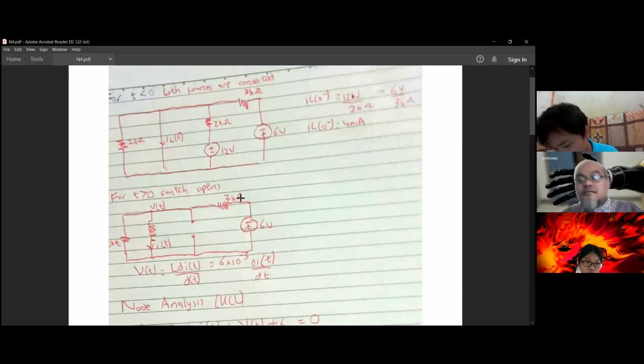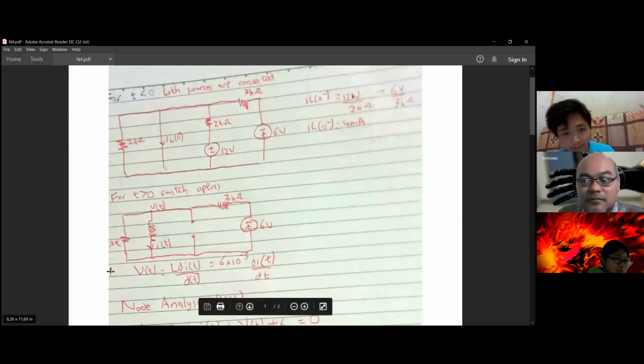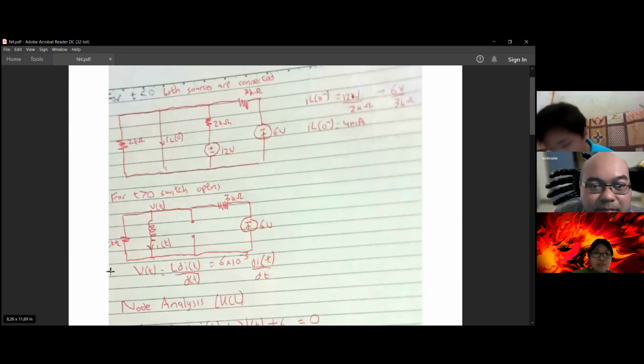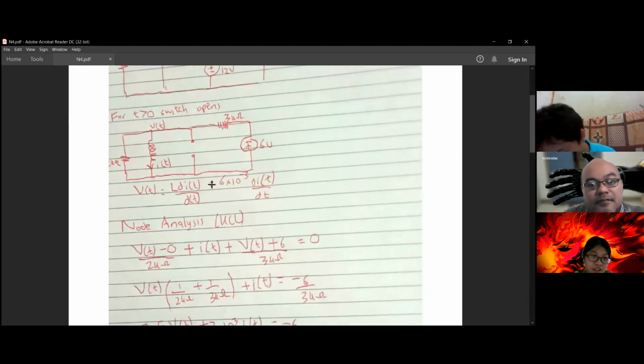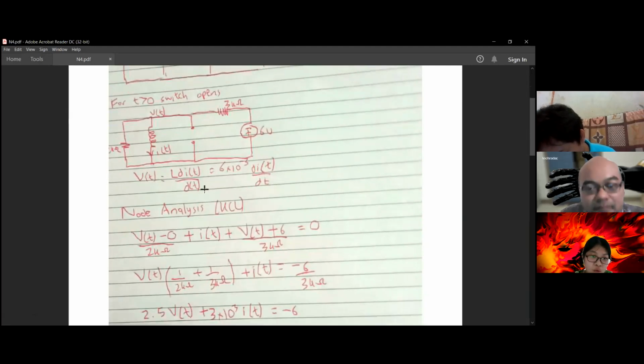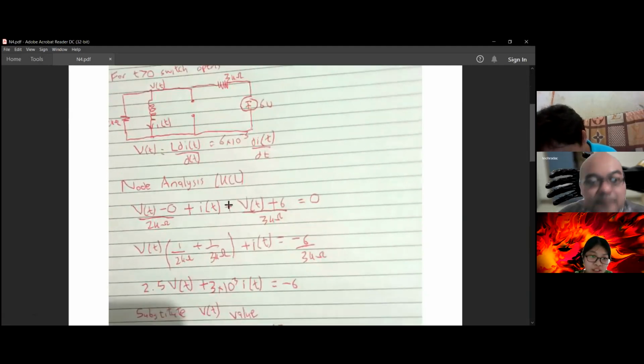Then when you open the switch and redraw the circuit, you can use this formula, and then you use node analysis or KCL.